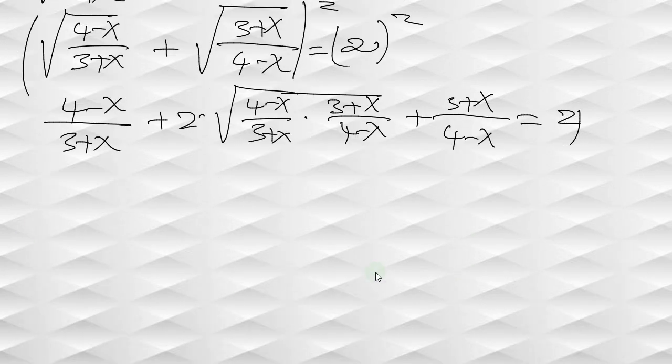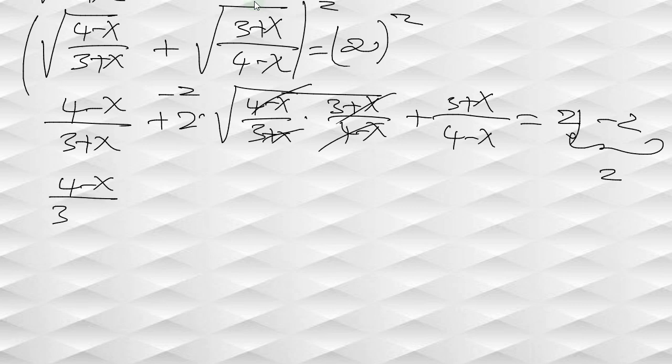And then we do the same thing: we say minus 2 here and minus 2 here, and we're going to have only 2. So now we have 4 minus x over 3 plus x plus 3 plus x over 4 minus x, and this is equal to 2.